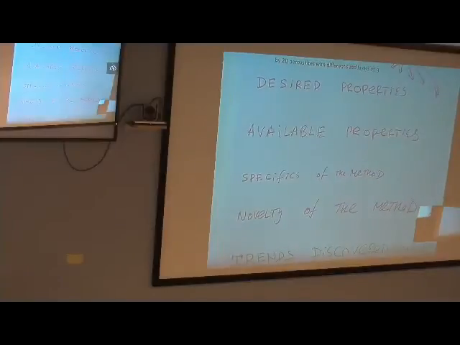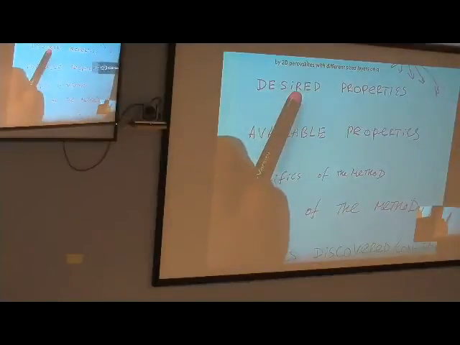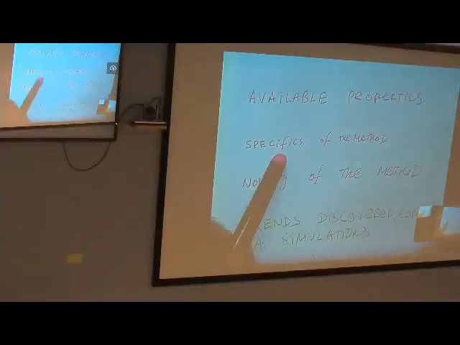So if your motivation is photovoltaics, you may have some desired properties like current, but because of the limited time and facilities, instead of computing current and charge transfer, there are some available properties that Aaron mentioned, like rates of relaxation and recombination, which are related but not exactly what one needs for photovoltaics. And then just mention something about the method.